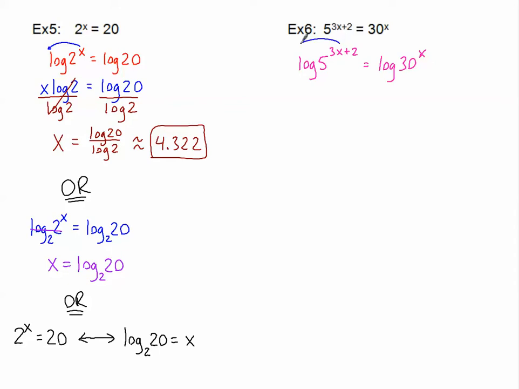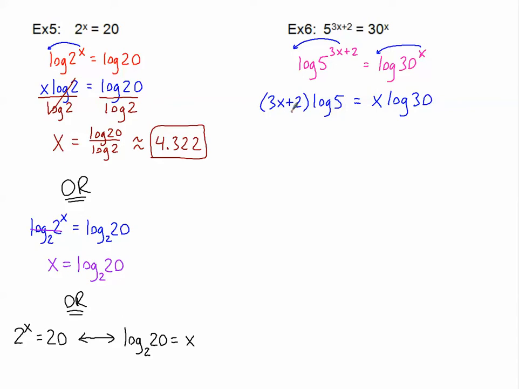That affords me the opportunity to bring this exponent outside. Since it's a binomial, I'm going to keep it in parentheses times the common log of 5. And this one will just come right on outside, x times the common log of 30. What's nice about this step is that now there are no exponents really.